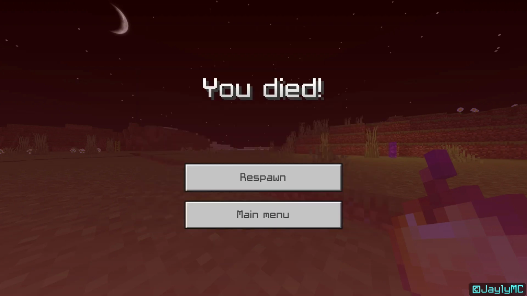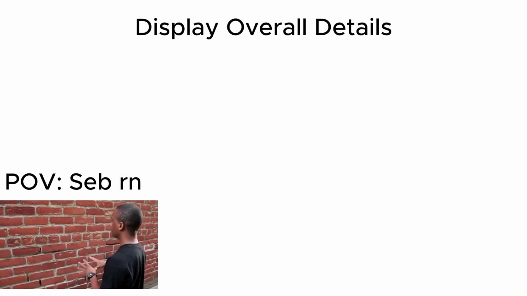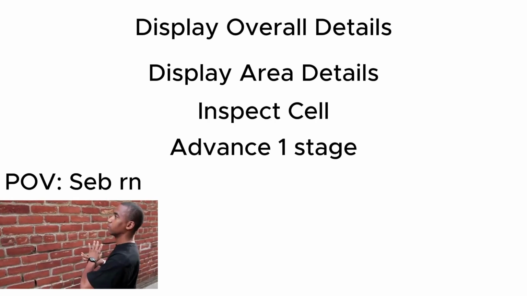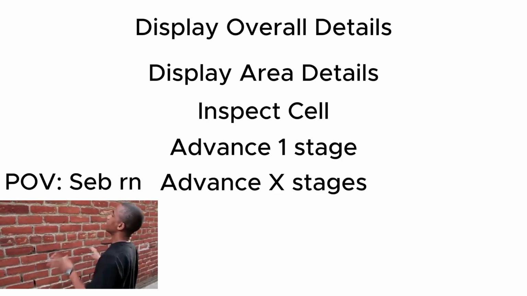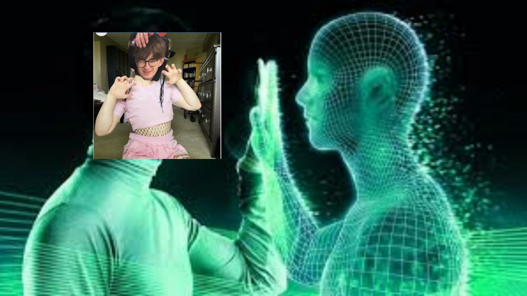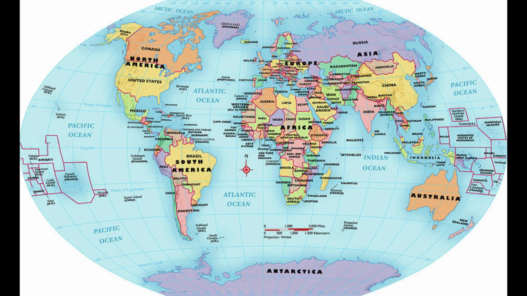The menu contains the following options: display overall details, display area details, inspect a single cell, advance one stage, advance X stages, and quit. After this, the simulation class is created, which is the world where everything happens.